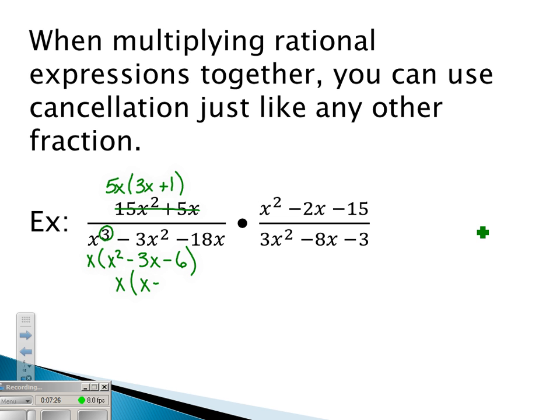Now we're going to have an x minus 3 and an x plus... no, we won't either. What are we going to have for that? Oops, sorry, that's what I did wrong. That was an 18. Sorry, guys.